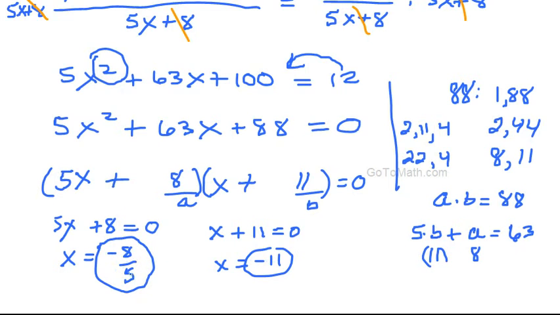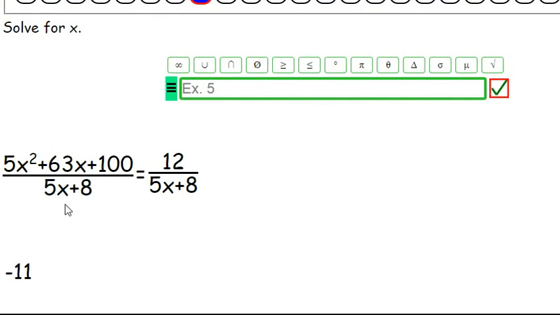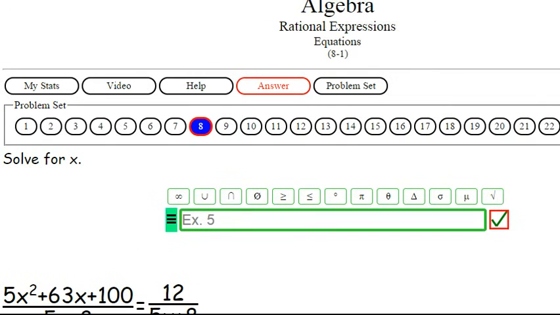However, this one here we can't use, because when you put negative 8 over 5 in the denominator, the 5's cancel out, you get negative 8 plus 8, and that's 0, and you can't divide by 0. That's the reason that's not a solution. Glad I caught that.